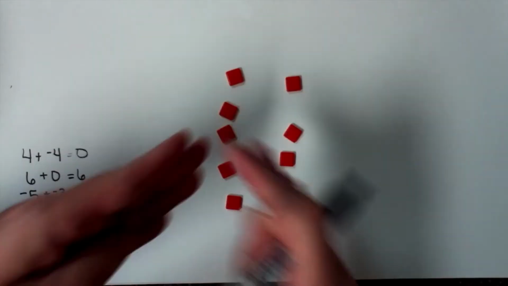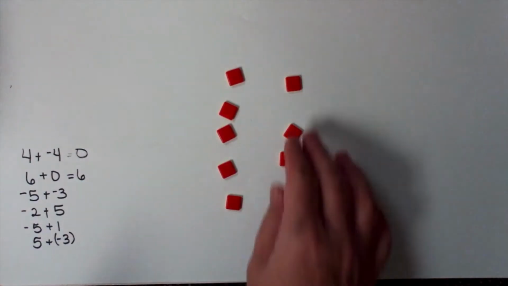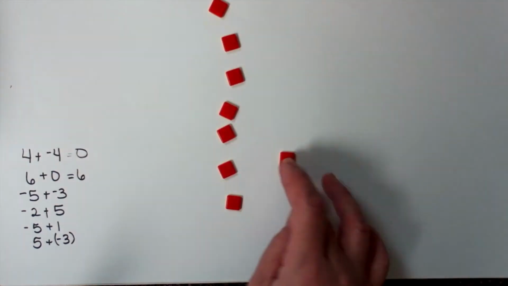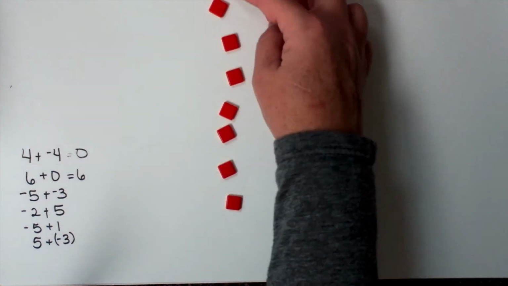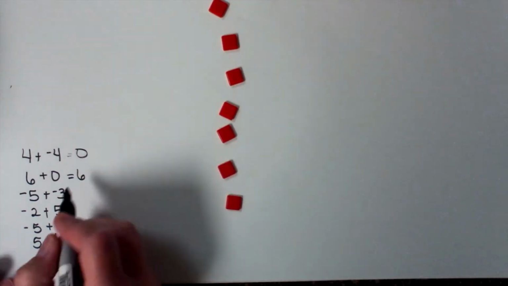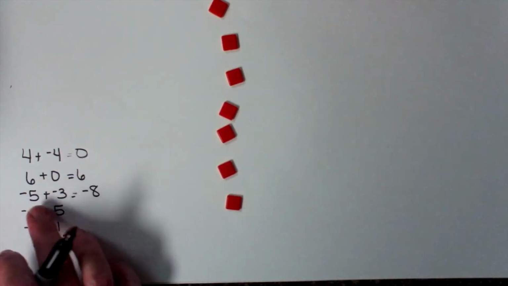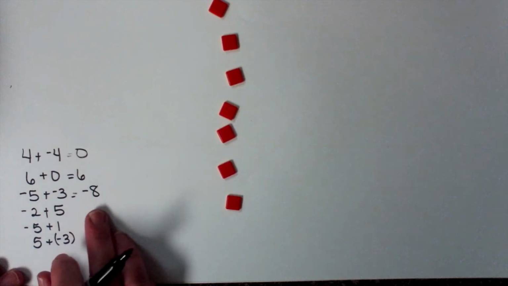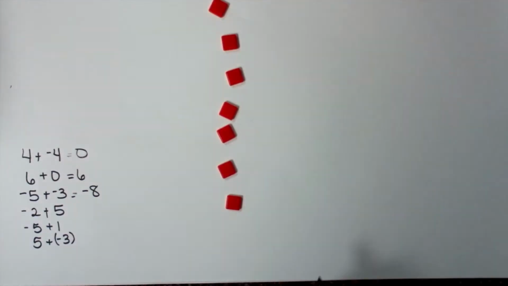Now, can I zero pair any of those out? No, they're alike. They're the same type, so they just get added to this. And now I have 1, 2, 3, 4, 5, 6, 7, 8. Negative, because they're all red, 8. So negative 5 plus negative 3 is negative 8. If I got a negative and a negative, it's going to continue to be a negative, and of course, I'm adding them all together because they're alike.